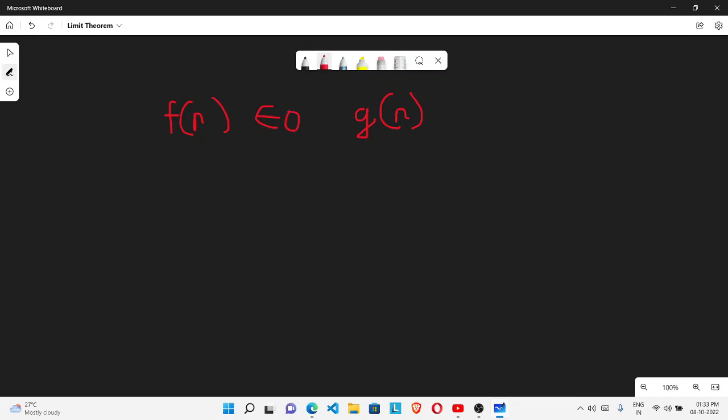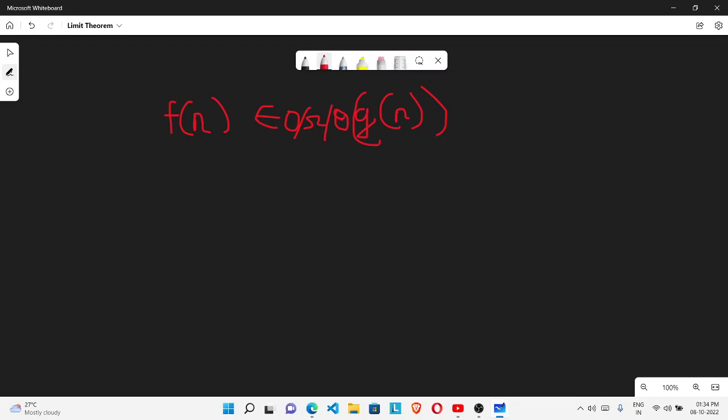So it can be big O, omega, or theta of g of n. We'll be given two functions, f of n and g of n, and using the limit theorem, you'll have to find the relation between the two functions.